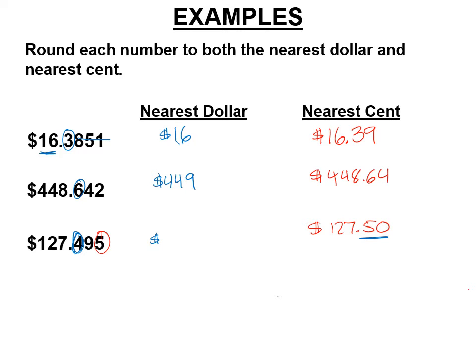You don't look at the rounded one. And so we're going to have to stay at $127 here, because it's $127.40495 thousandths. Okay, and that is closer to $127, but it's really this 4 is the correct method.